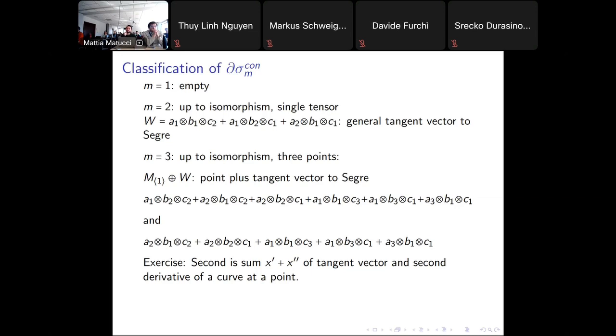And so let's take 2 points on our Segre variety that are collinear. And let's look at the tangent space here and the tangent space here. They'll have a line in common, this line namely. And I take a generic tangent vector here and a generic tangent vector there. That's the third example.